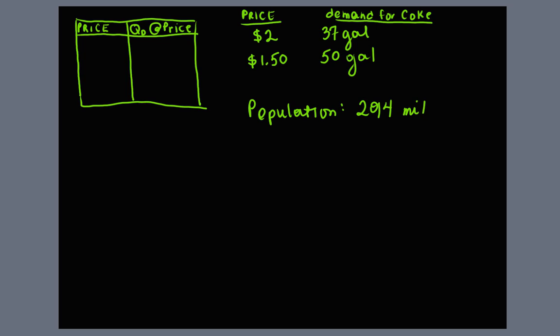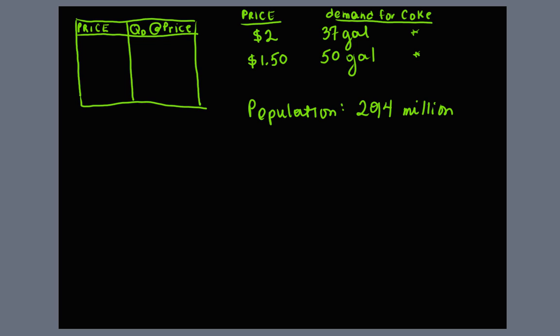And so all I really need to do now is to say, okay, well, if each individual is consuming 37 gallons at $2 a soft drink, then how much is the entire population consuming at $2? And similarly, if at $1.50, an individual is consuming on average 50 gallons, then how much is the entire population consuming? So all I really need to do is to first multiply.